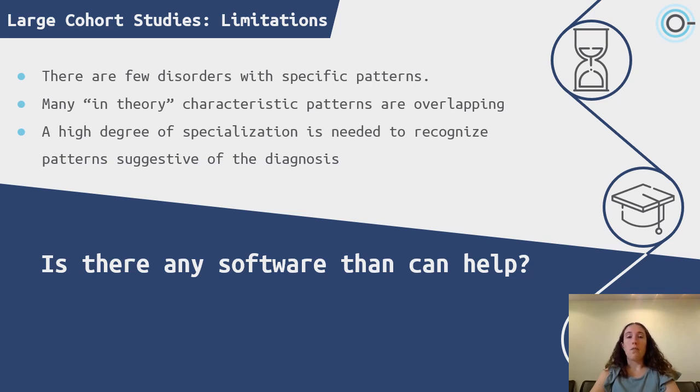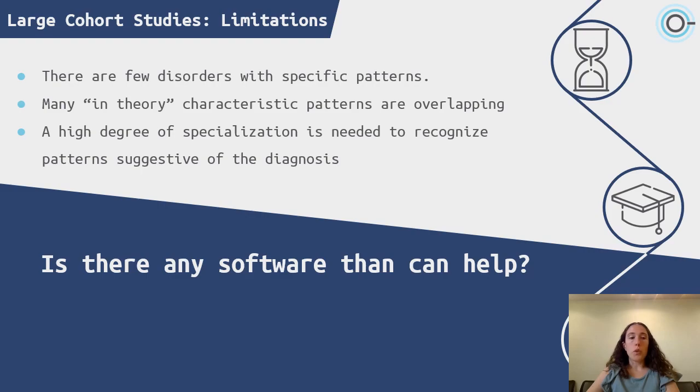There are very few disorders that have a truly specific pattern. Moreover, a high degree of specialization is needed in order to recognize these patterns suggestive of a particular diagnosis, which most healthcare professionals do not have. And this is, in summary, the rationale behind why we decided to develop MYO-Guide.